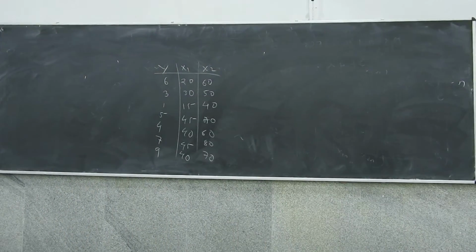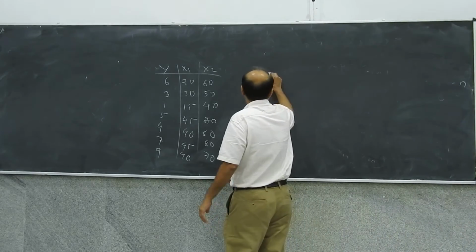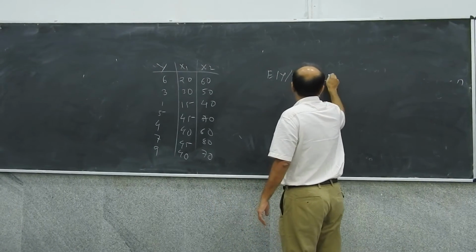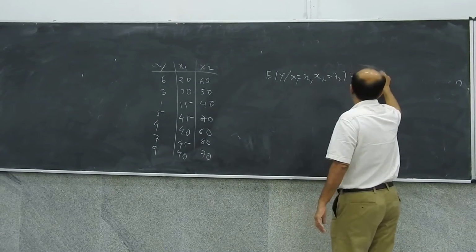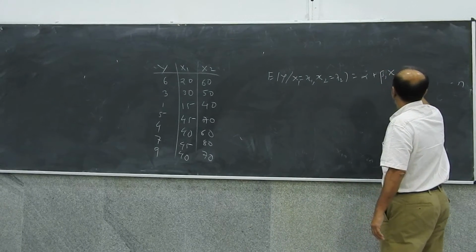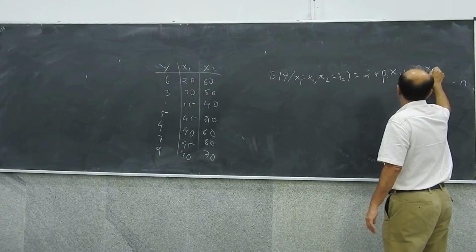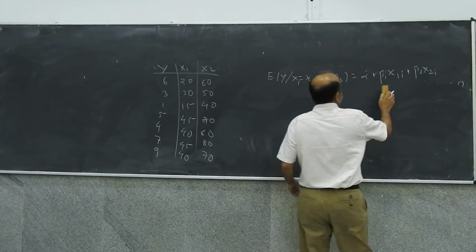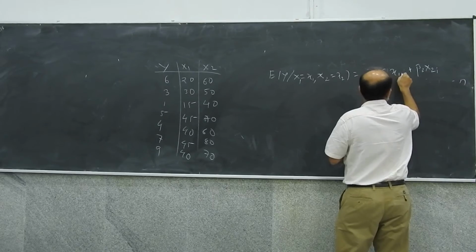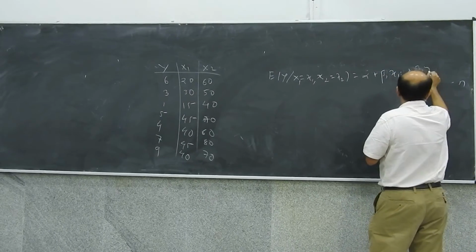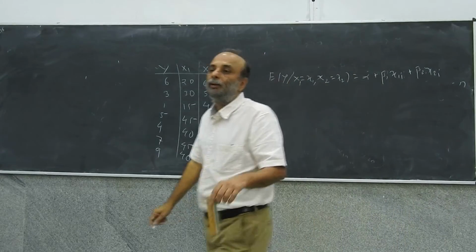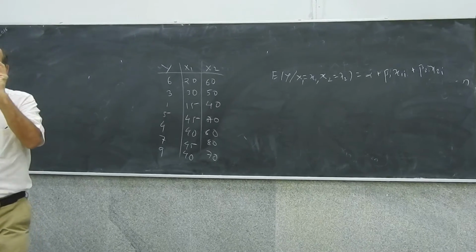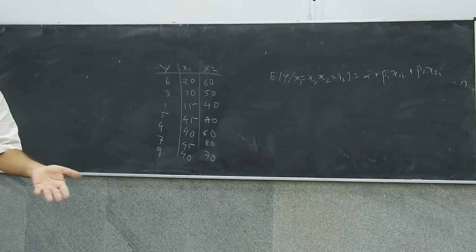The model that I am setting up is... Why did I replace the capitals with the small letters? The capital is the random variable in general. The small letter is a specific value of that random variable.